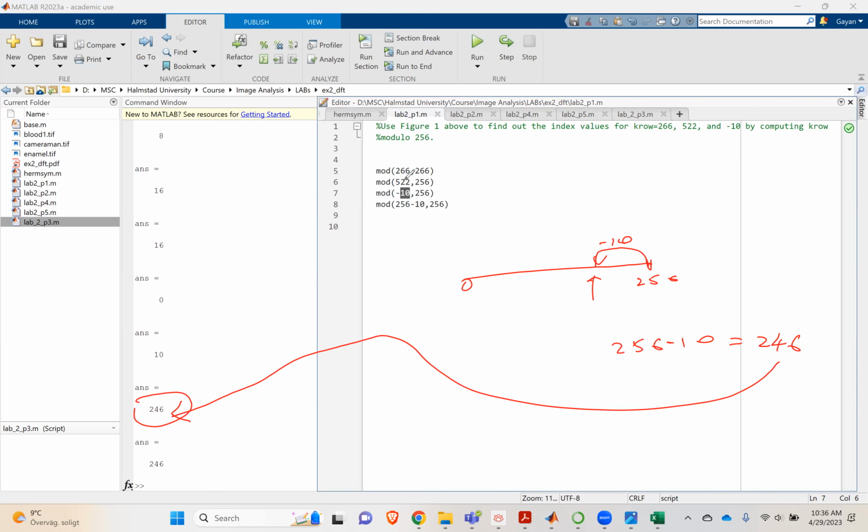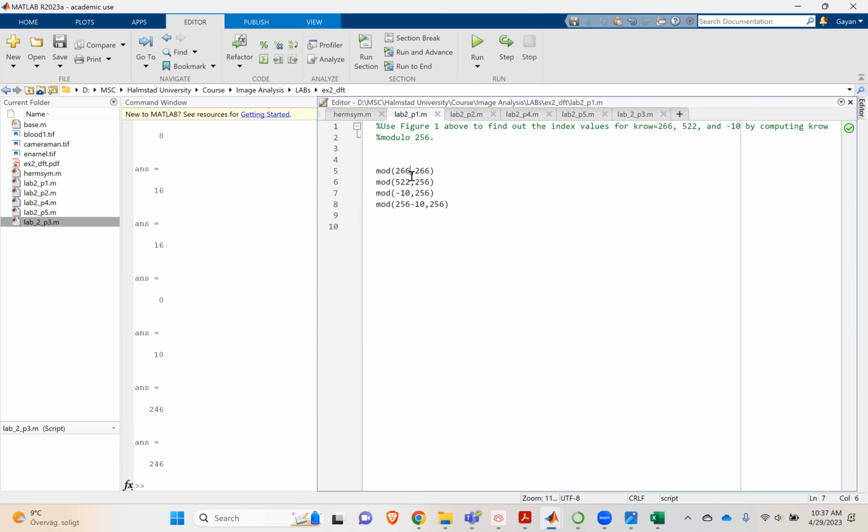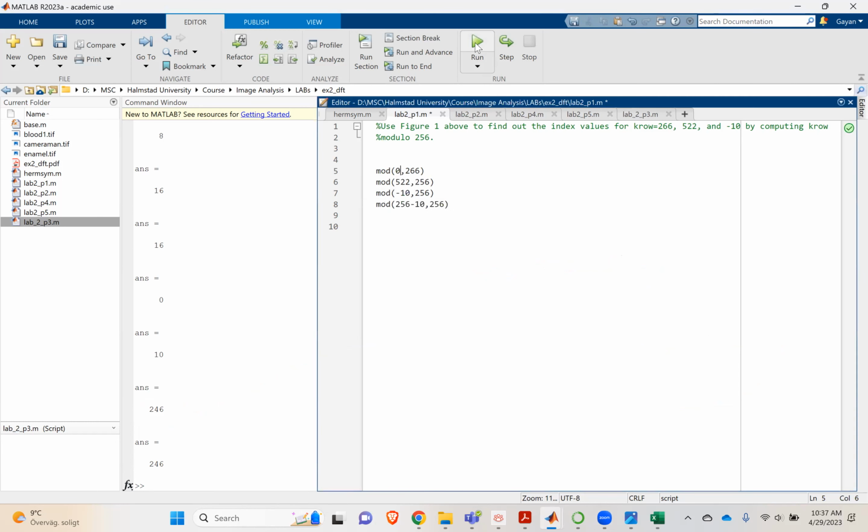So in here also, if you work 266 and 266, that means you are working again into here. You are coming back in here. So you should get 0, your starting position. Let's say your starting position is 0.